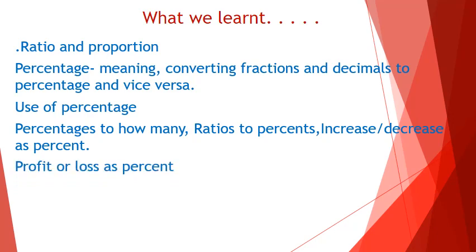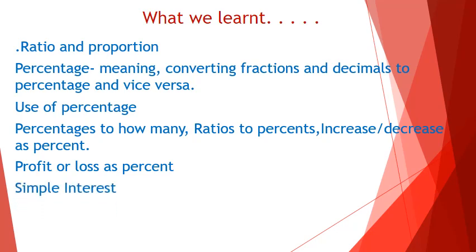Next we discussed the topic profit or loss as percentage. Already you learned profit and loss. Here we are finding it as a percentage. Profit percentage equal to profit upon CP into 100. Similarly, loss percentage equal to loss upon CP into 100, and sums related to that also we have discussed.